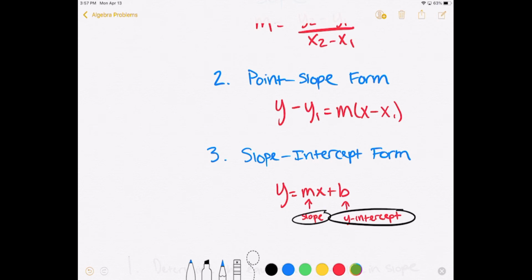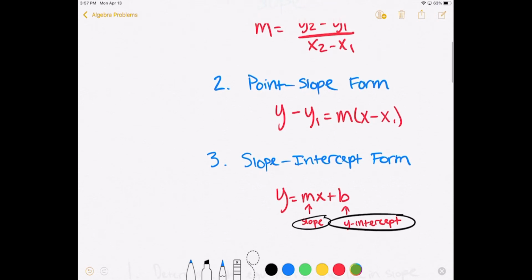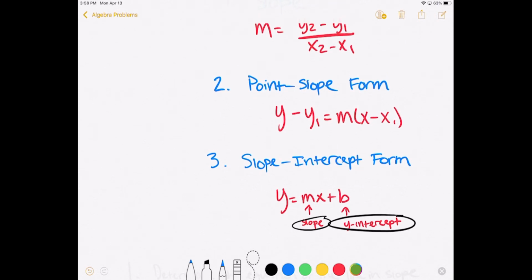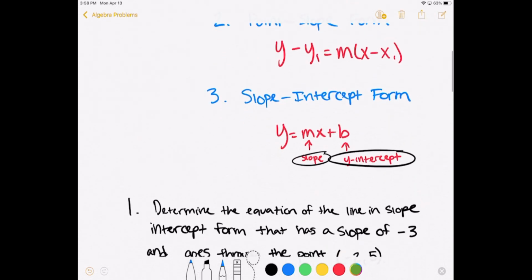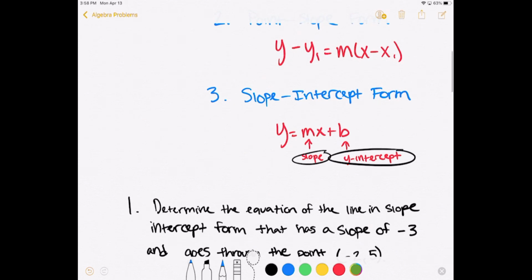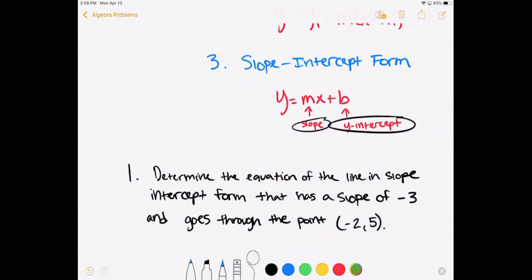It still works, but I use point-slope form because higher level math classes use it, so you might as well get used to it. And then you've got to finish in slope-intercept form. We like things in slope-intercept form because it clearly states our slope and our y-intercept. So that's what we're going to do.